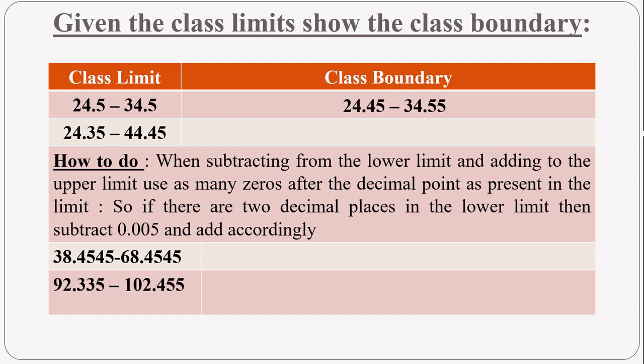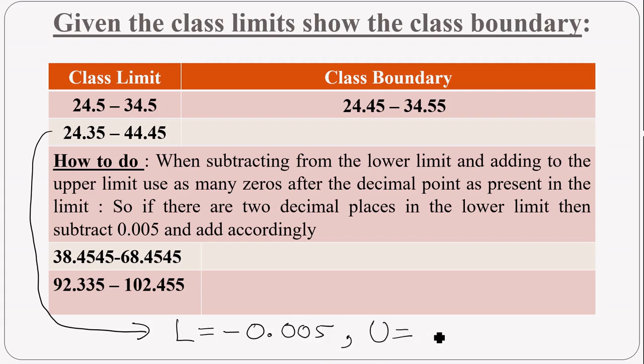Now, for the second class limit, again I'm explaining for better understanding. Lower limit, what we need to do, minus 0.005, since we have two decimal places. Is that clear?